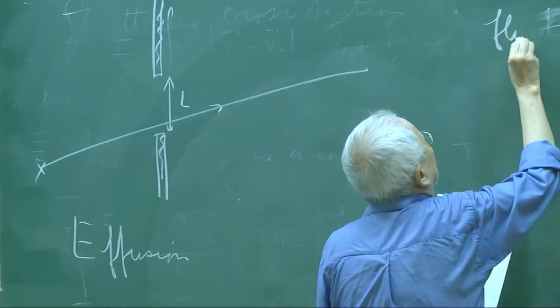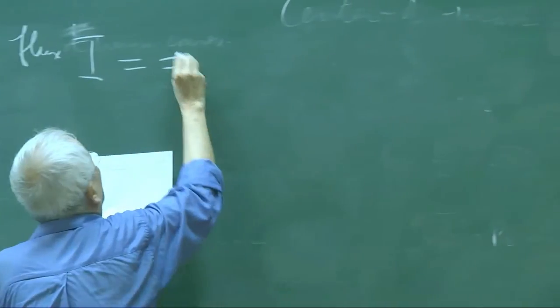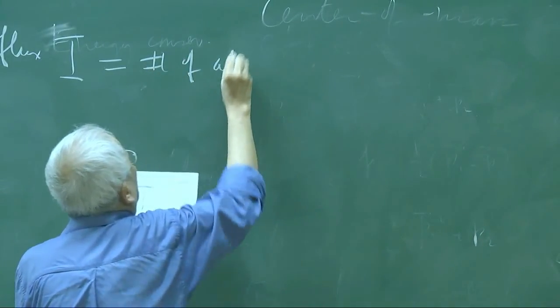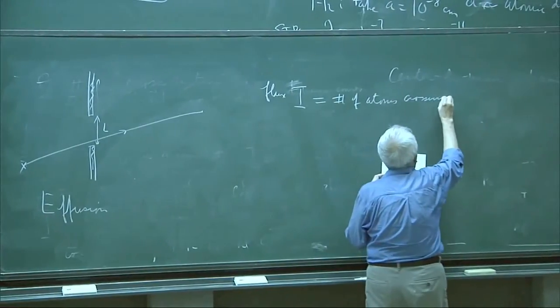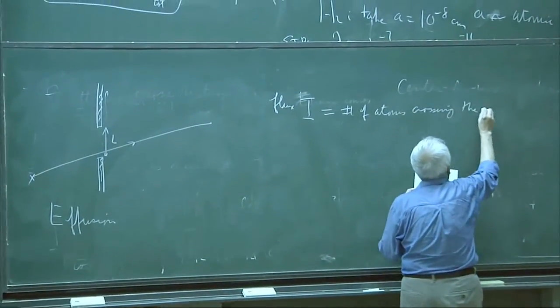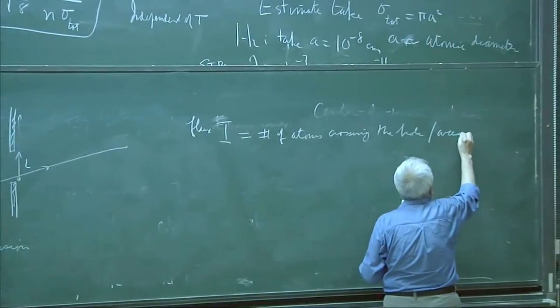Flux J is equal to the number of atoms crossing the hole per unit area of the hole per second.